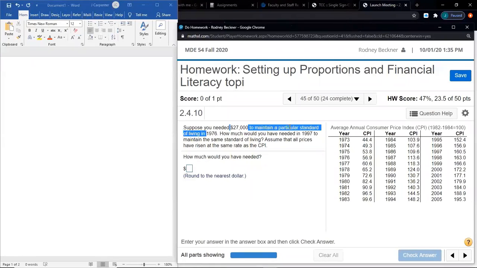Anyways, you needed $27,000 to maintain a lifestyle. That means you were buying a particular level of quality of food, you were going out and having fun this much, maybe spending $100 on fun every month, maybe $300 or $400, somewhere in that ballpark, on your mortgage, let's say 300. And then you might have had student debt.